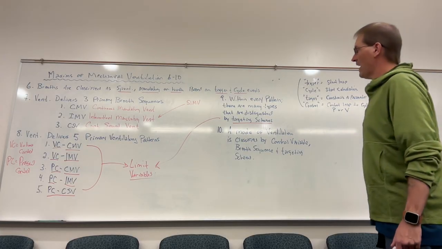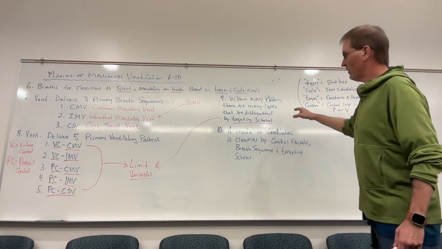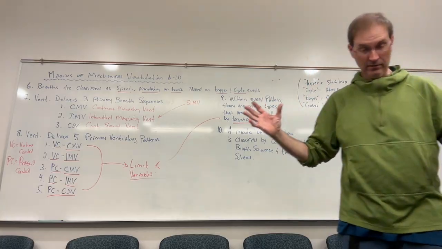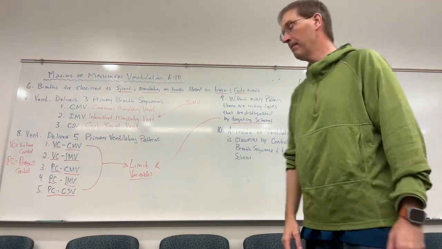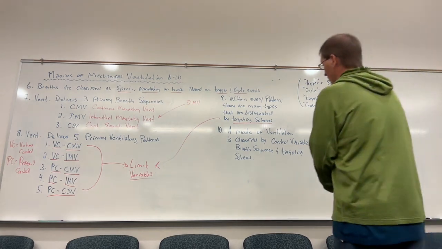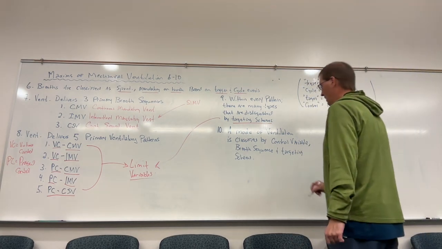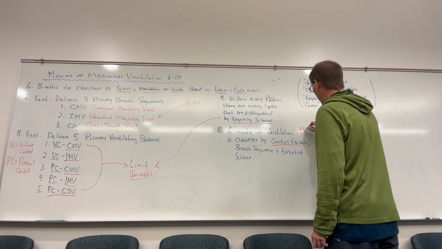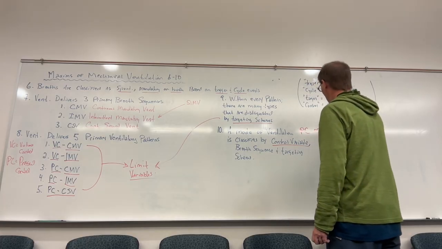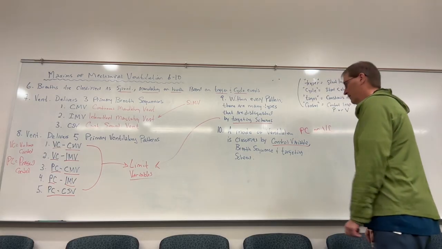And then at the end of the day, you put all this together, and when we talk about the generic name for a mode of ventilation, all right, you classify a mode of ventilation by the control variable, and that is either going to be pressure control or volume control.